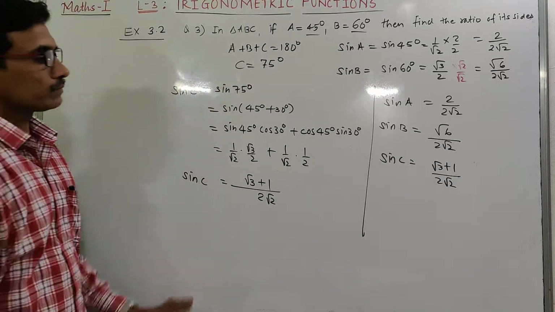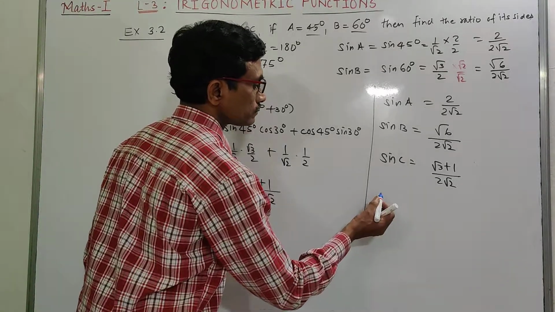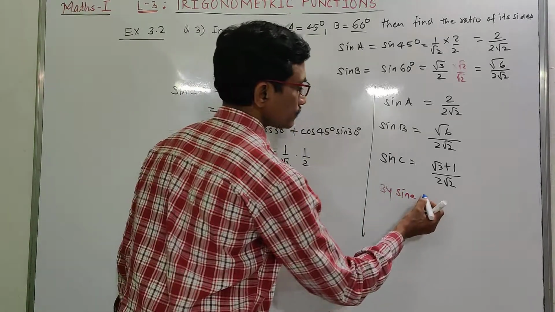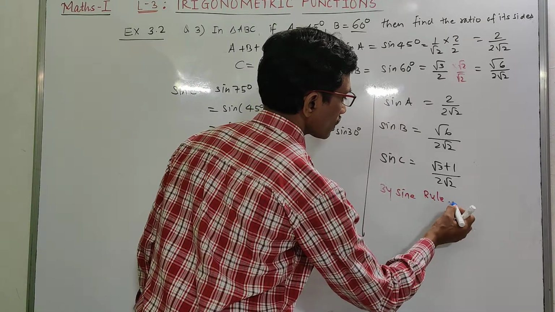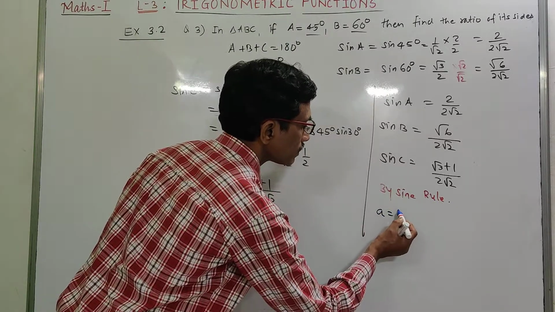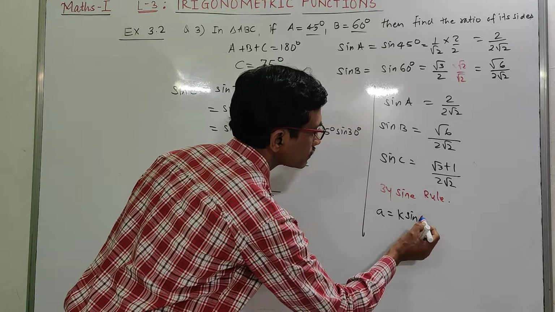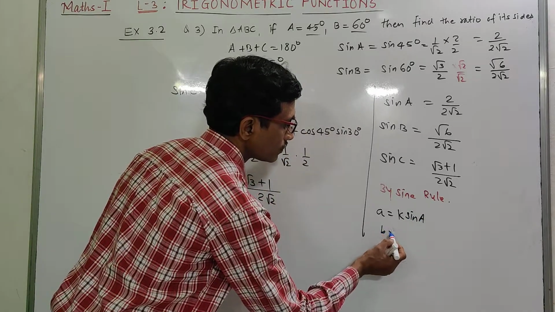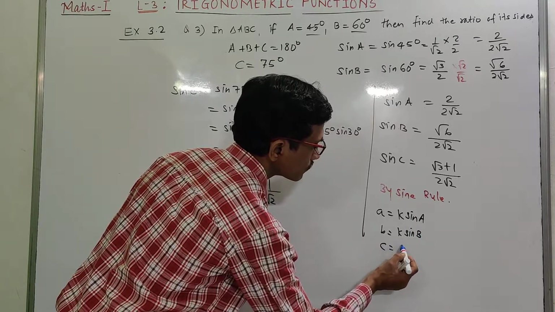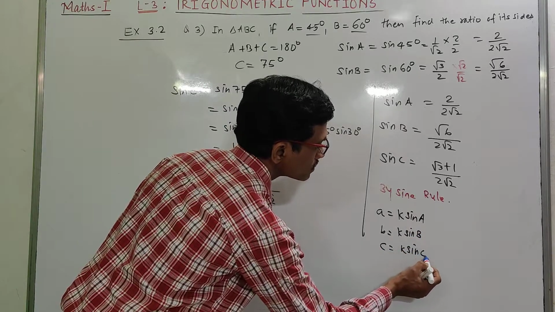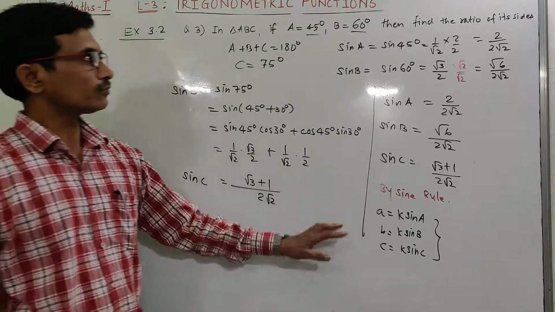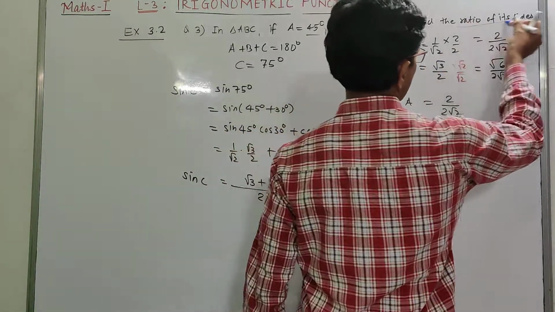We have the sine rule. So by the sine rule, we know a is equal to K sine A, b is equal to K sine B, and c is equal to K sine C. This is the sine rule. We are interested in finding the ratio of the sides.